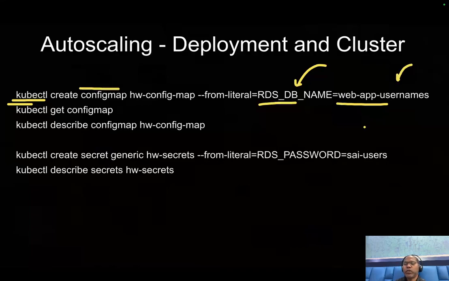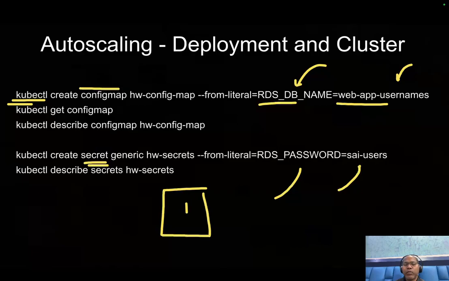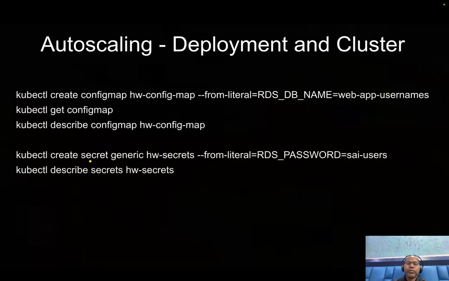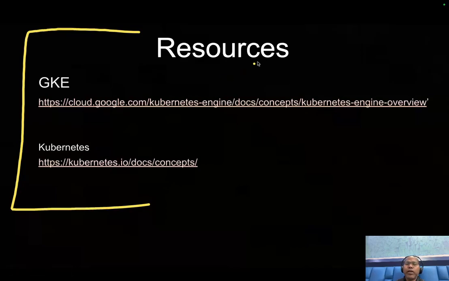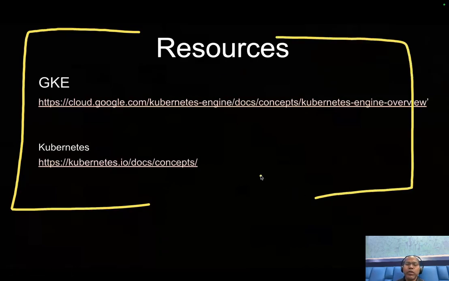If you want not plain text but a secret, non-plain text, then you can simply say kubectl create secret, and tell it this is my key and this is my value. So you can create multiple config maps or secrets in your application. The good part is whatever things we discuss, you can find everything in the resources available.